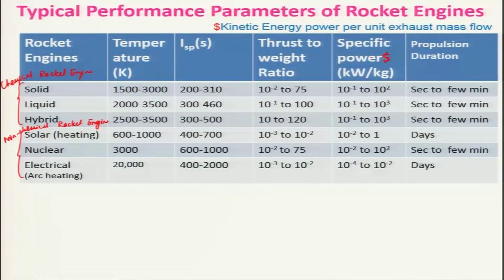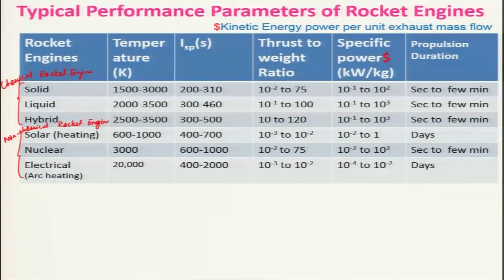You can see that for solid it is 10 power to minus 1 to 10 by 2, whereas for liquid and hybrid it is a little bit higher than the solid. That indicates that the amount of power produced per kg of the propellant is higher in this case, and this can fly for maybe a few seconds to a few minutes depending on the design.